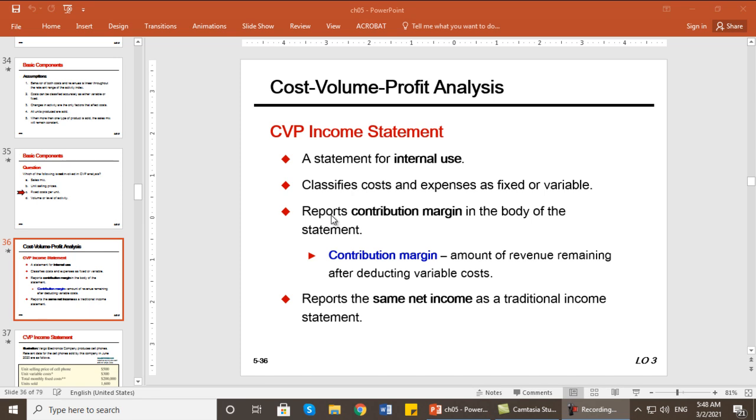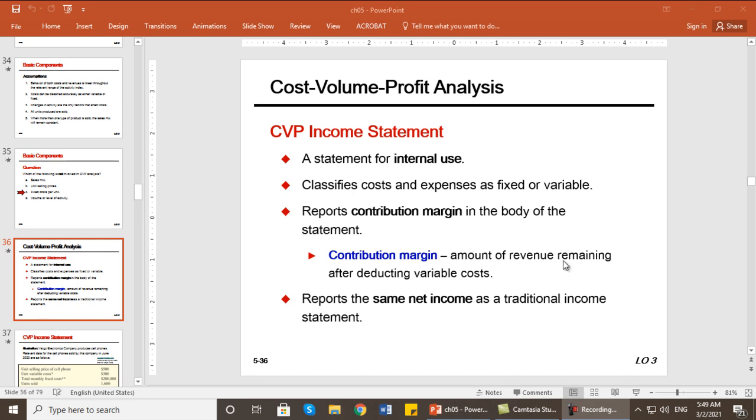Also, it reports the contribution margin in the body of the statement. In this statement, we show the contribution margin, which is the amount of revenue remaining after deducting variable cost. As you see, all costs are classified as fixed or variable. When we deduct variable cost from revenue, the remainder is called contribution margin.